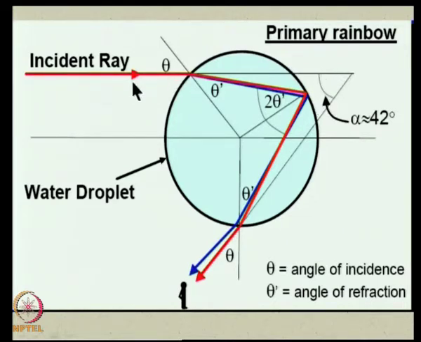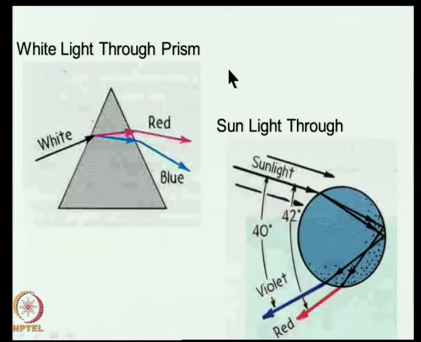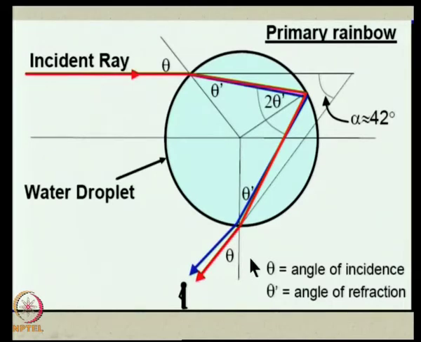So, if you look at the ray parallel here, after refraction, internal reflection and another refraction, the angle is 40 degrees, and that angle is slightly different for the violet and the red in the VIBGYOR spectrum.